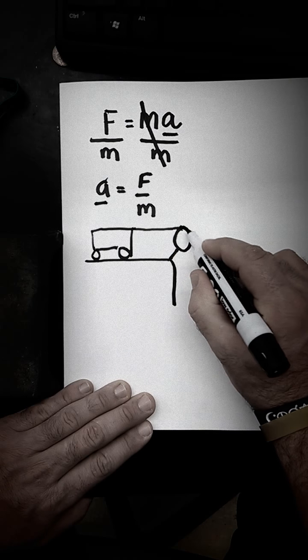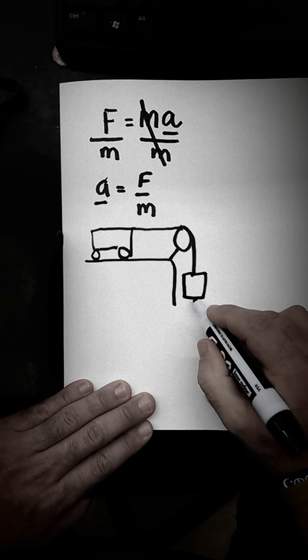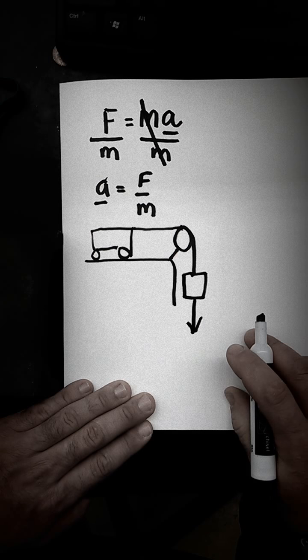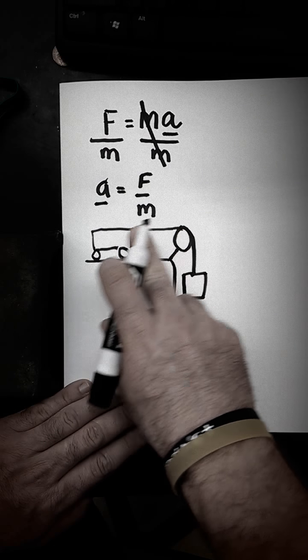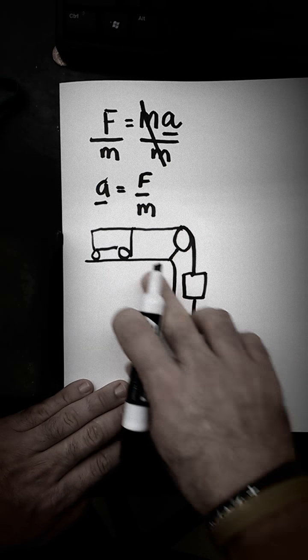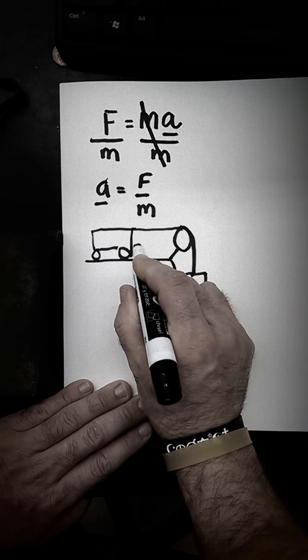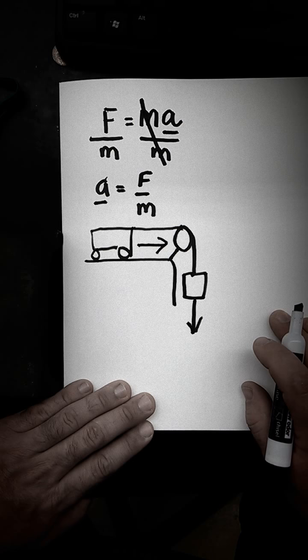Okay, and then over the pulley we'll have a hanging mass that's going to be pulling down on the car. So if we put a mass here, this mass will make the car accelerate this way. Okay, there's the basic concept of what we're looking for.